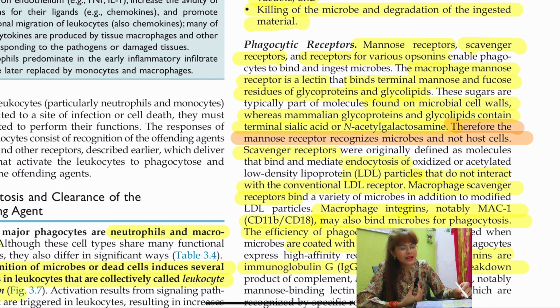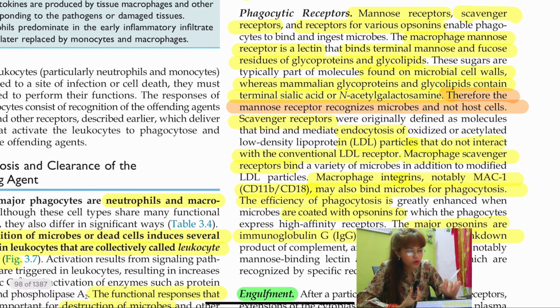So the mannose receptor recognizes the microbes and not the host cells, because it only binds the terminal mannose and fucose residues found on microbial cell walls. That is why it identifies only microbes and does not attack the host cells.